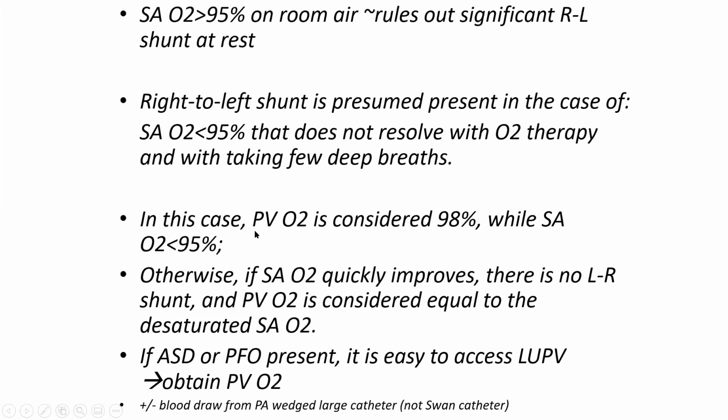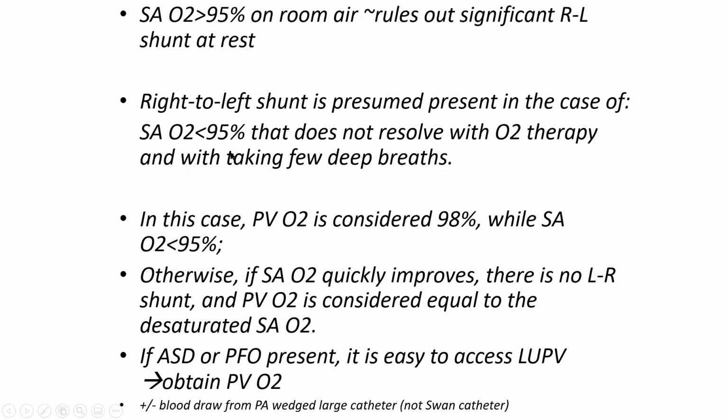On the other hand, if O2 sat does not improve and you highly suspect right to left shunt, then you consider that arterial O2 sat, which is, for example, 92%, this is the step down. And we consider the pulmonary venous sat as 98%.